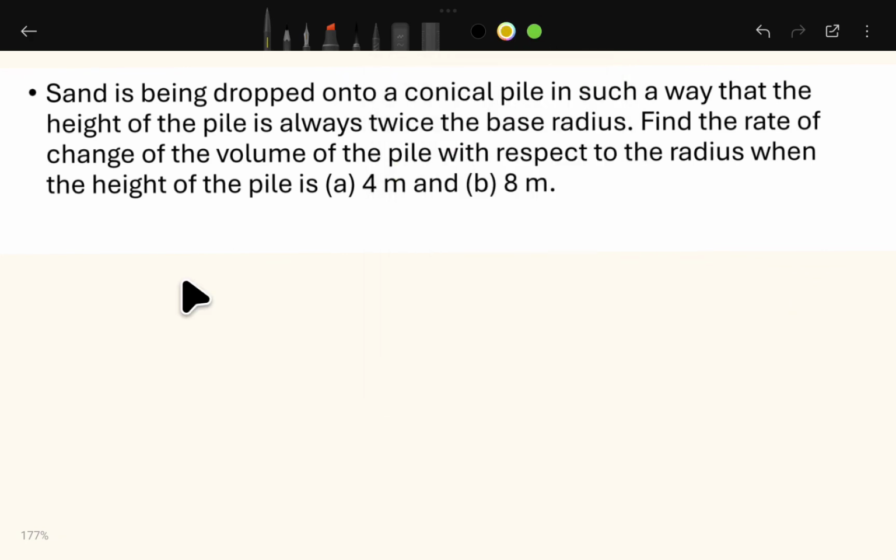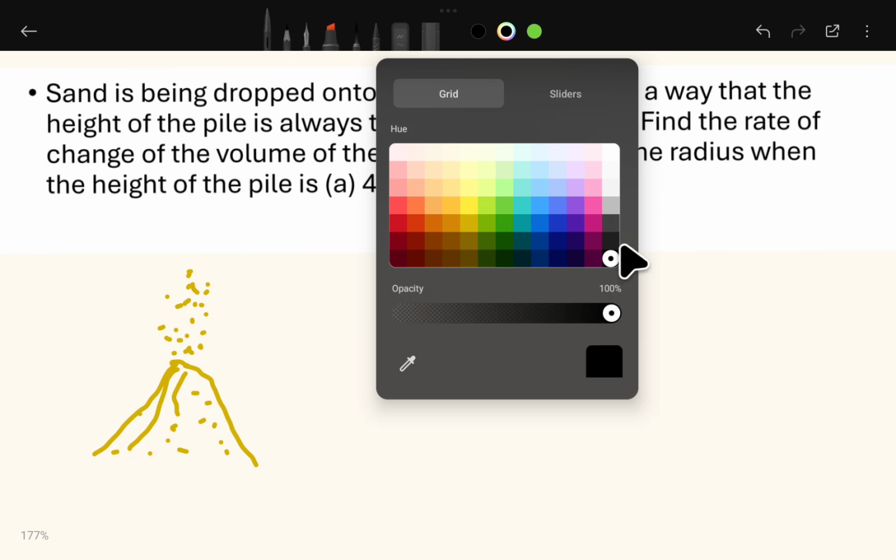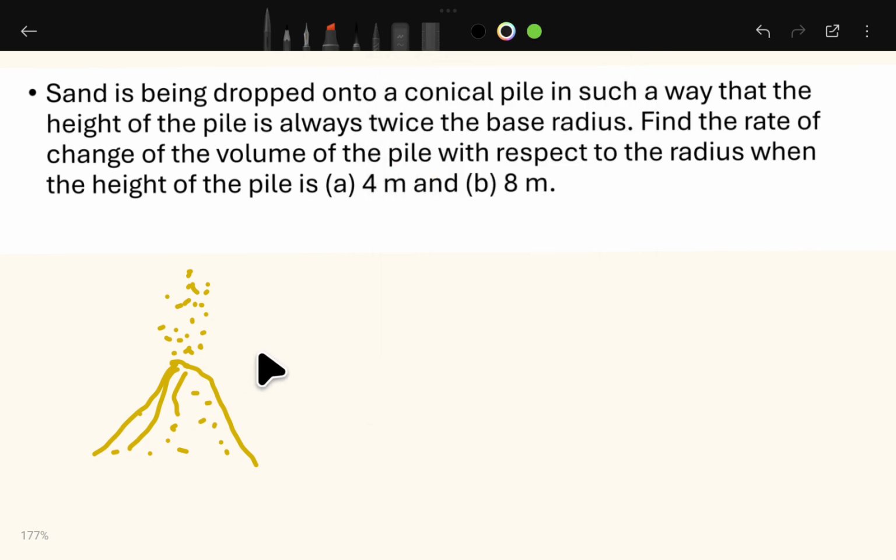So let's have sand. Suppose this is the conical pile. And you have here sand dropping. Alright. Now we're given the relationship that the pile's height is twice the base radius, which is 2r.